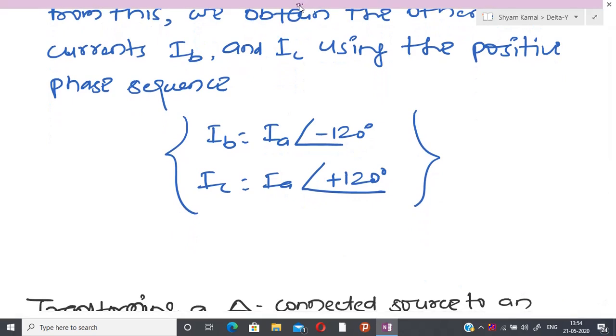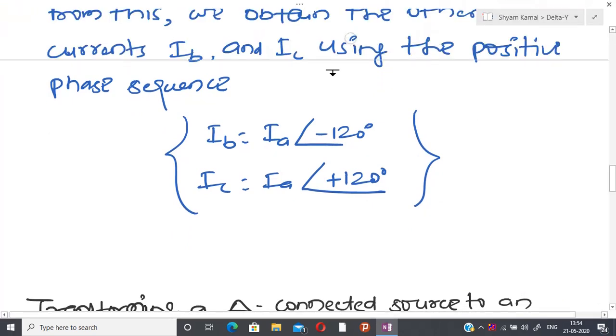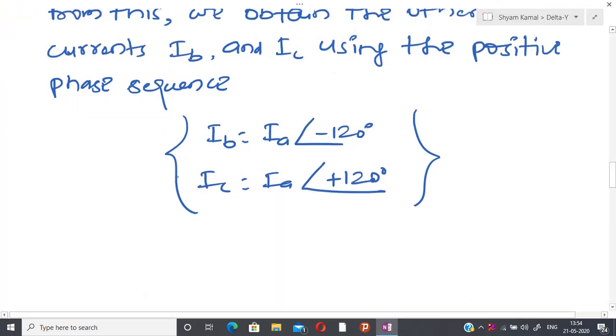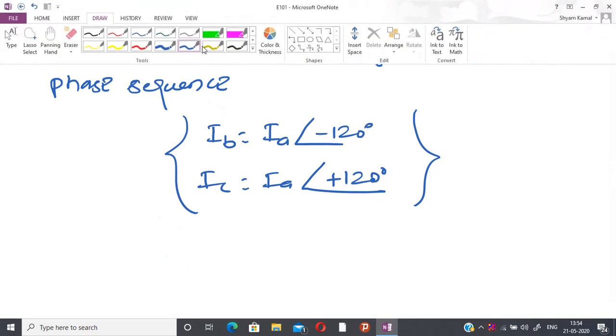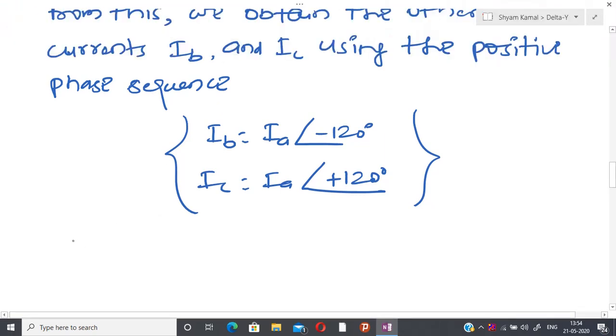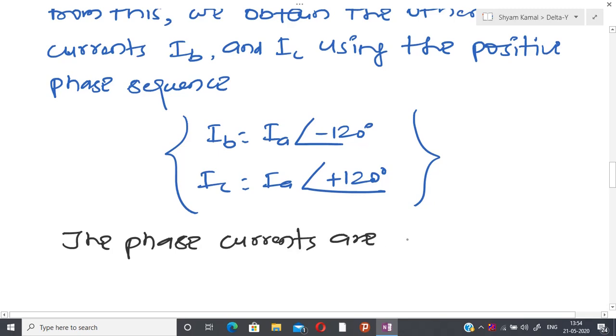And from here, one can also observe one more thing: the phase currents are equal to the line currents.